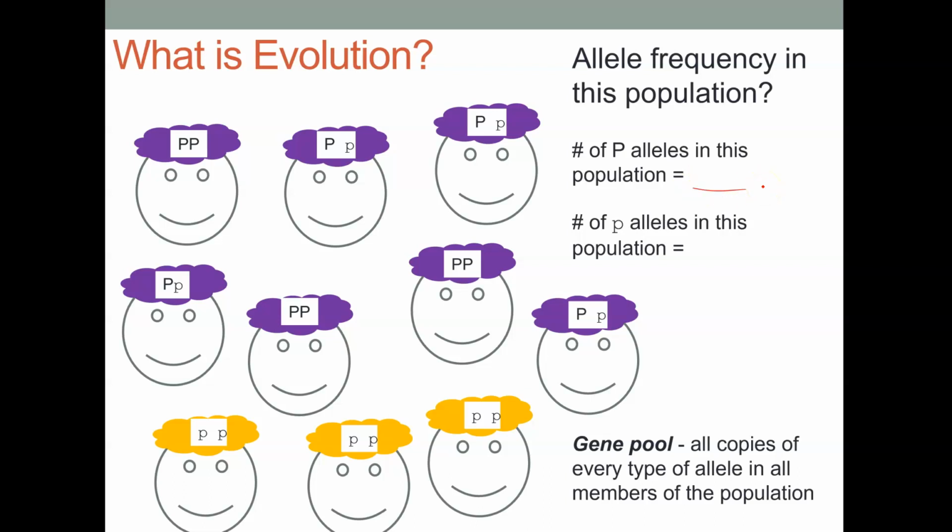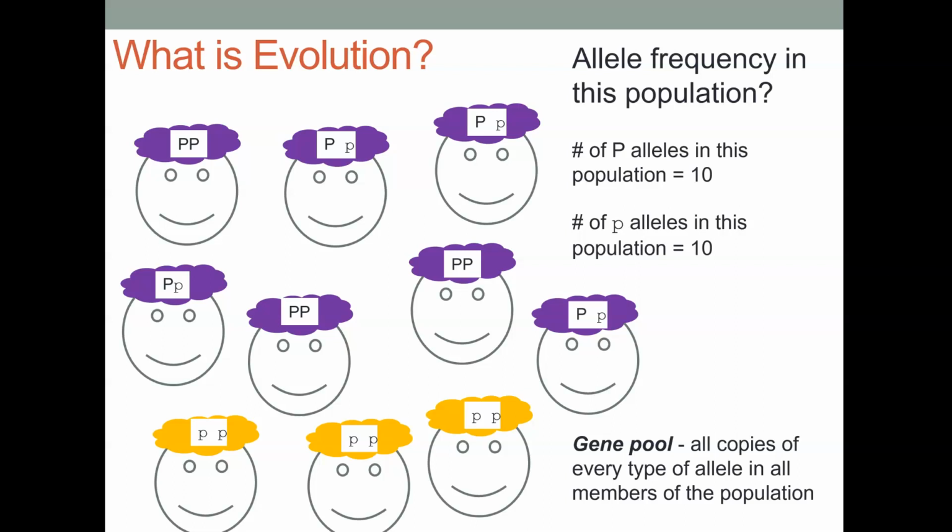And if we were to count up the recessive alleles, we would put that number, of course, here. So go ahead and do that for yourself and see if you agree with me. I think I have it here. You'll see that there are 10 dominant alleles, 1, 2, 3, 4, 5, 6, 7, 8, 9, 10, and 10 lowercase alleles or recessive alleles in this population.